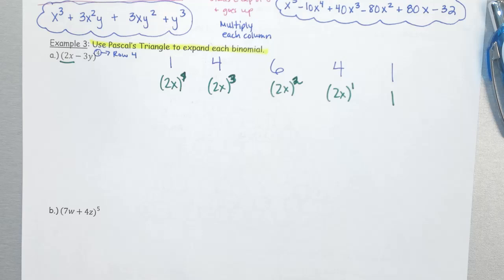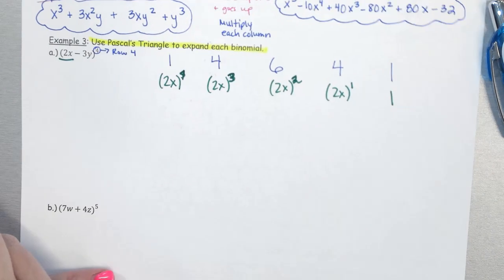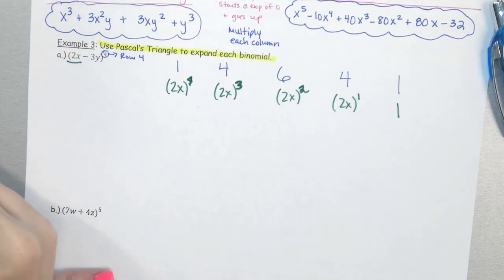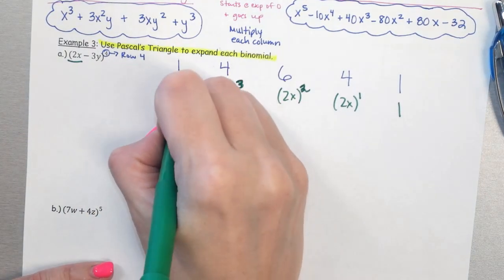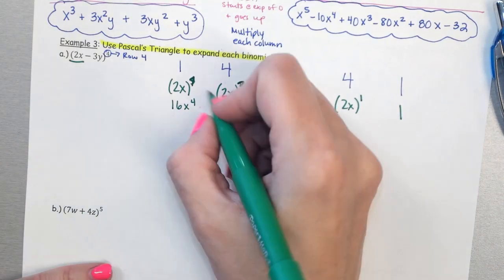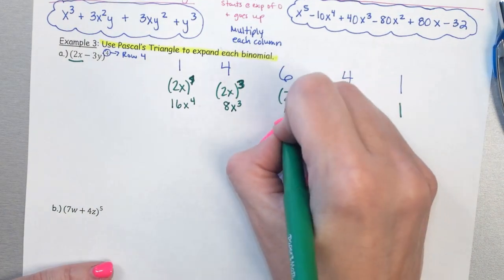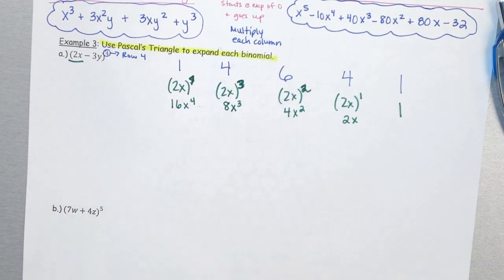Okay, so then what I like to do is simplify those. So 2 to the 4th, that just means 2 times 2 times 2 times 2. So 2 times 2 is 4, 4 times 4 is 16. So 16x to the 4th. 2 to the 3rd, 8x to the 3rd. 2 squared, 4x squared. This would just be 2x.